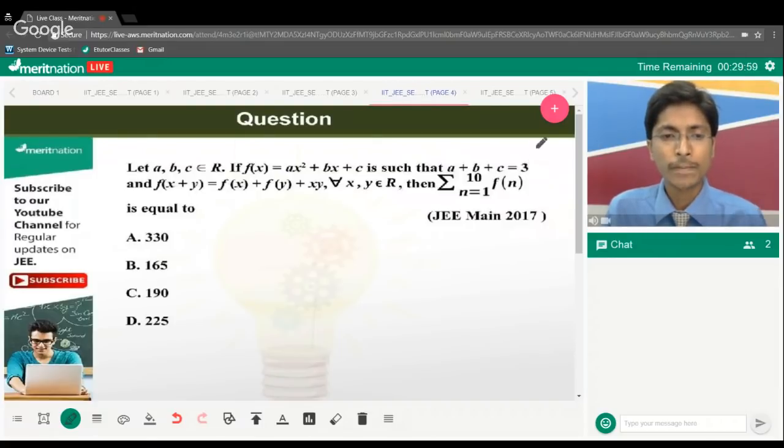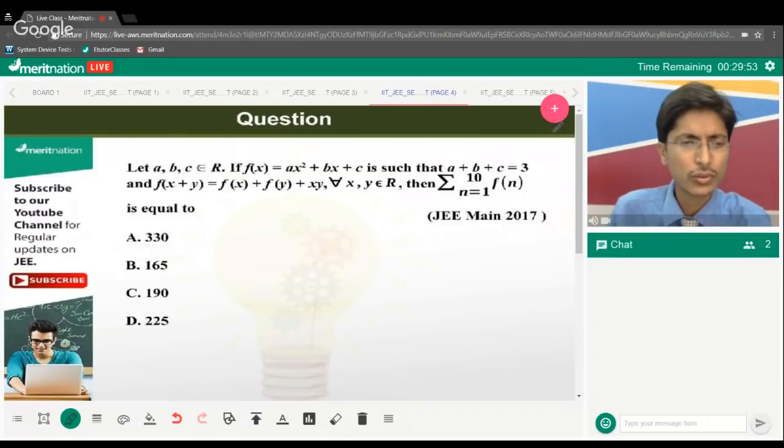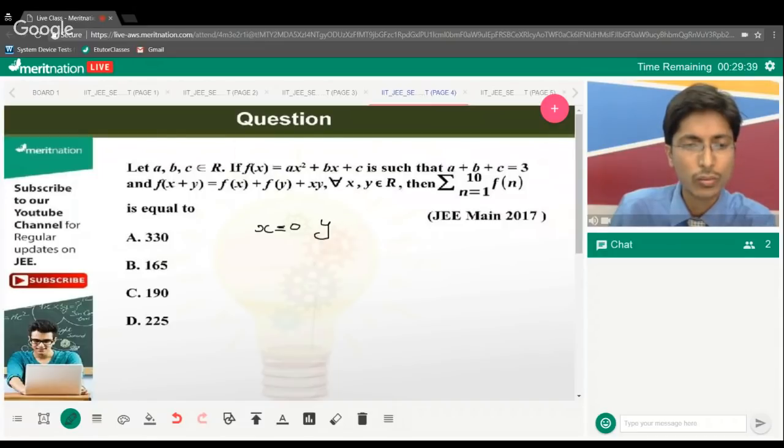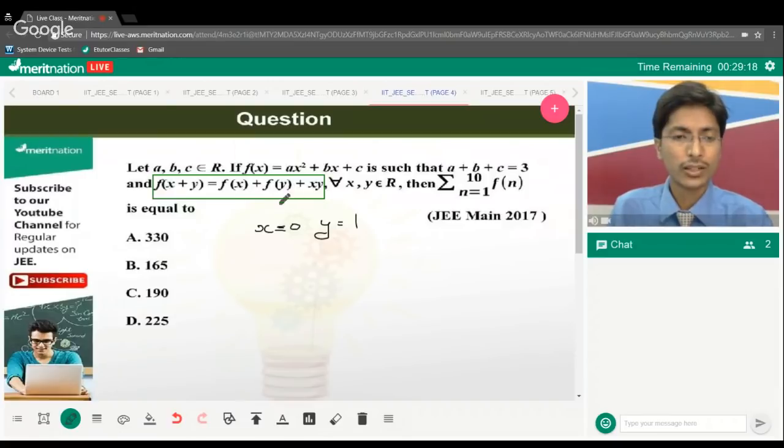As soon as we have the values of a, b, and c individually with us, we can very easily find out the summation. Now, what I can see is if I put x equals to 0 and y equals to 1, that will be something which is solvable. So let's put x equals to 0 and y equals to 1. So if I put these two things into the function which is given to me, what will I get? So this was the function given to me. f of x plus y is equals to f of x plus f of y plus xy.